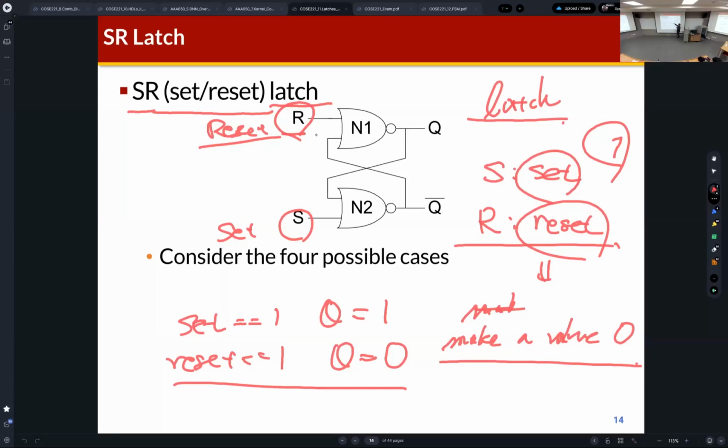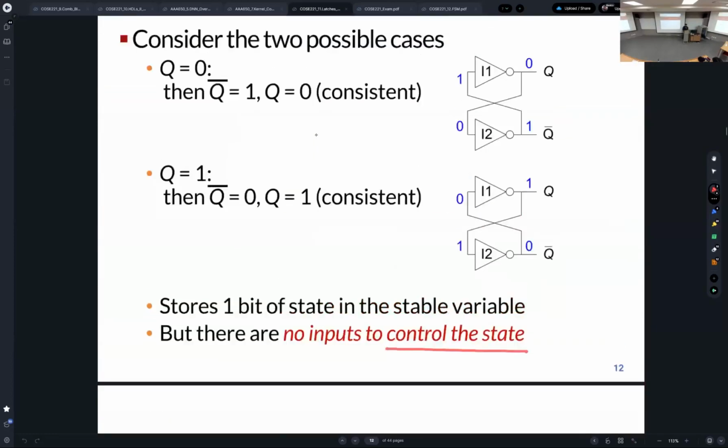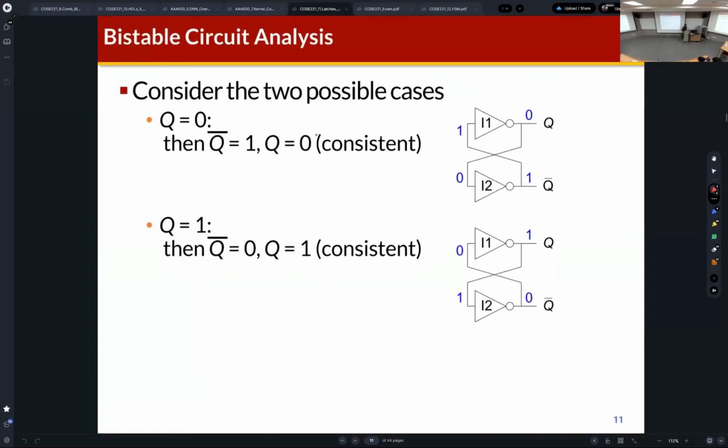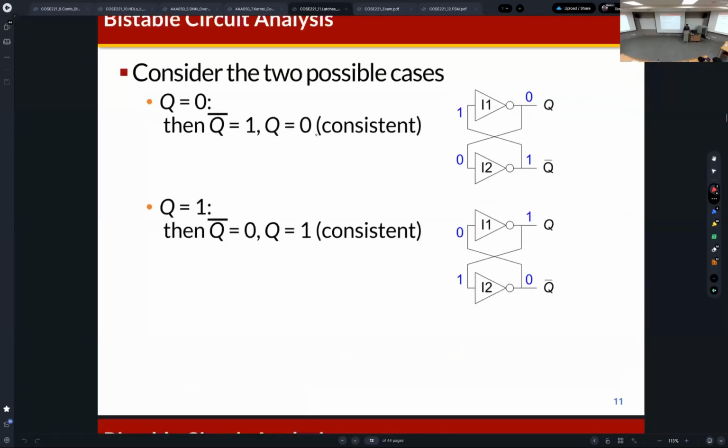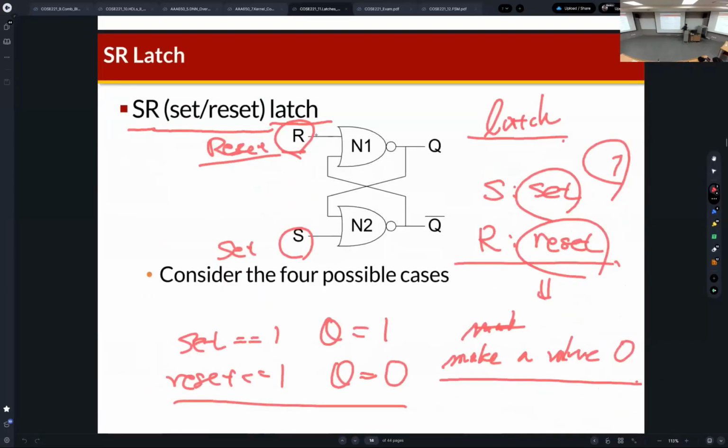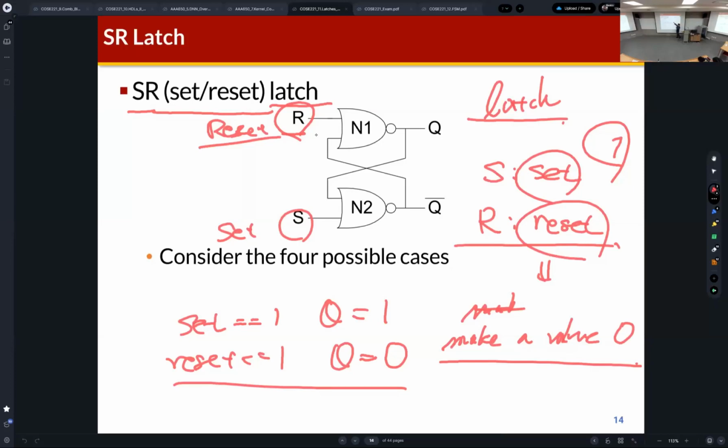I explained the meaning of this NOR gate. In the bistable circuit, we use an inverter, a NOT gate, but we need to control the values inside of this bistable circuit. So we have a two-input NOR gate, where one input of each NOR gate is connected to the R input and S input.